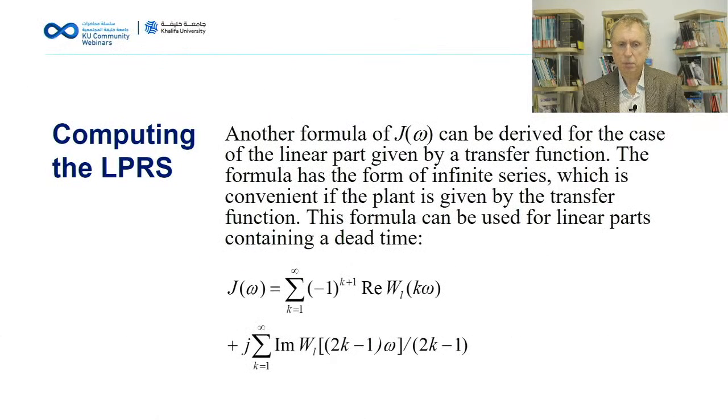The relationship between the LPRS and the Nyquist plot can also be highlighted by the following formula, which is another computing formula of the LPRS, obtained through the use of the Fourier series. So this is the infinite sum of the real parts and infinite sum of the imaginary parts at multiple frequencies. If we disregard all the terms except for the first one, we will get the Nyquist plot.